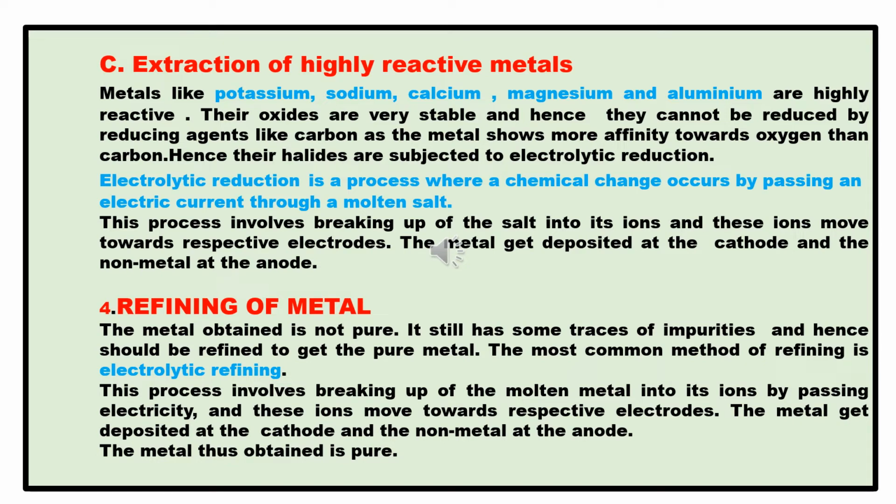The metal gets deposited at the cathode and the non-metal gets deposited at the anode. Metals produce positive ions, so they will be attracted towards the cathode, the negative electrode. So this is electrolytic reduction.